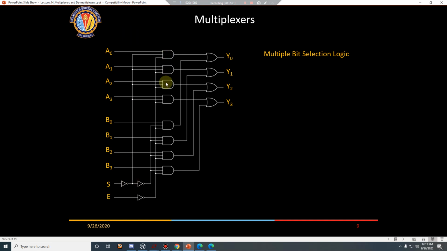It is enabling these 4 AND gates at a given time. So all A0 to A3, this 4-bit data, is available as Y. So you can say Y is equal to A when S is equal to 0.